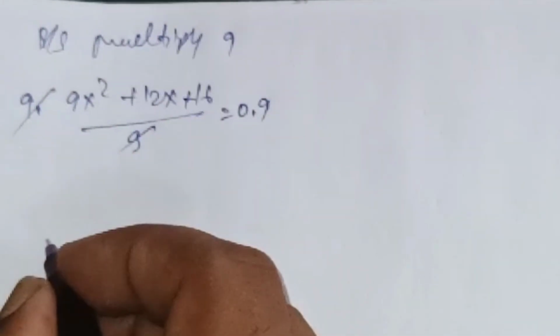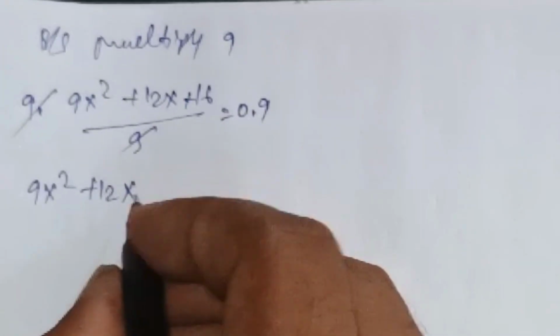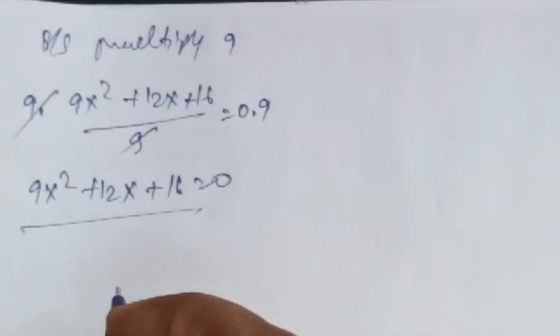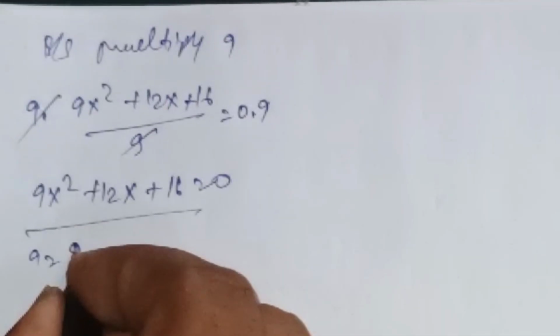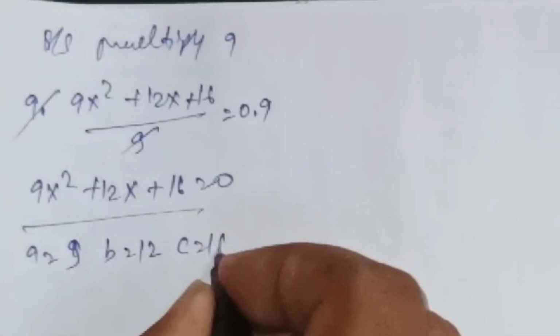This and this cancel. Here 9x^2 plus 12x plus 16 is equal to 0. This is quadratic equation form. So here a is equal to 9, b is equal to 12, c is equal to 16.